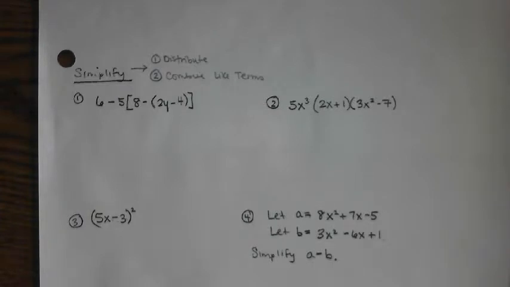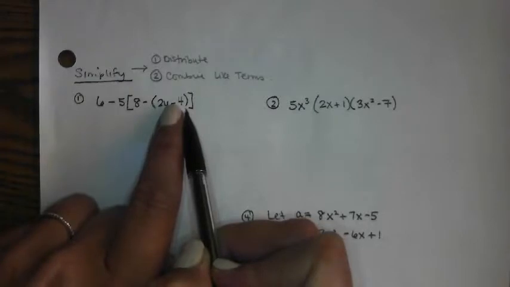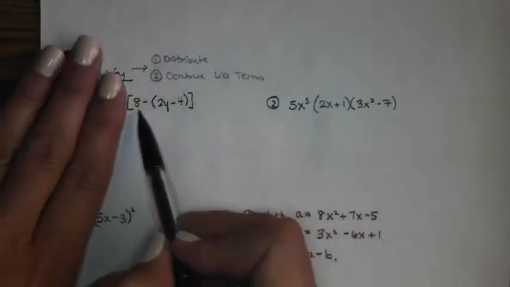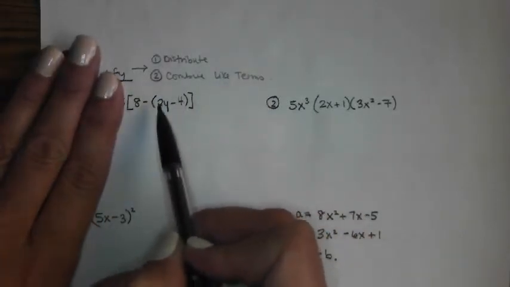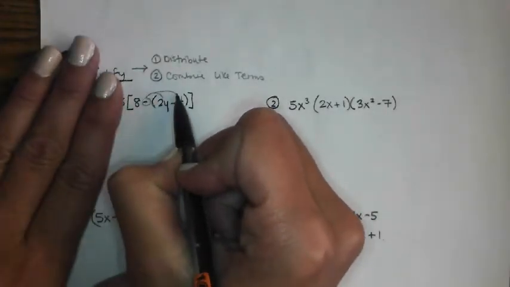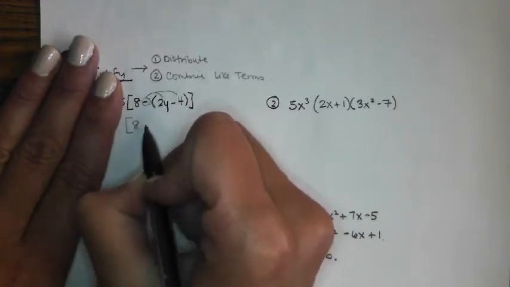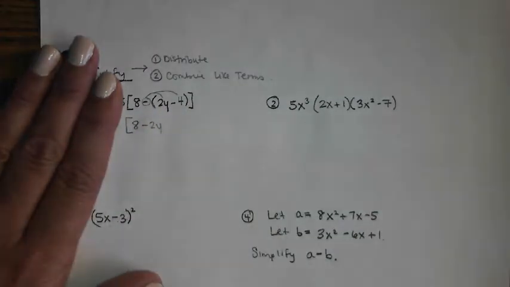You must. Good job. You have to. When there are multiple sets of parentheses, you always work inside out. So just focus inside that larger bracket. There is distributing to do. 8 minus, you want to subtract both of those terms. So keep your bracket. That's going to be 8 minus 2y. And then what happens with minus negative 4, Cameron?